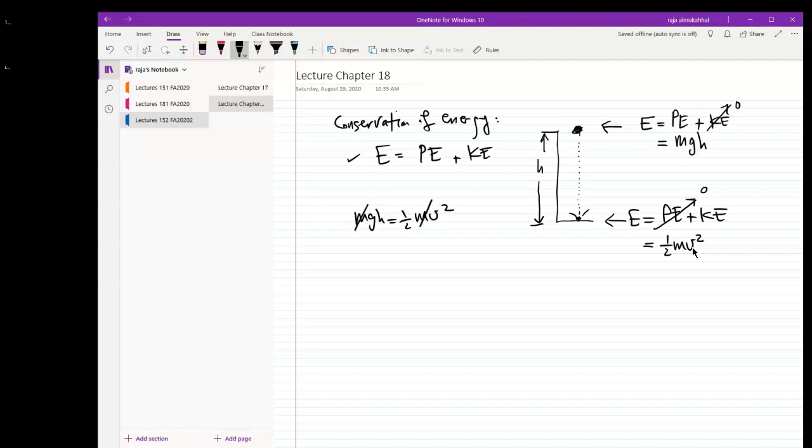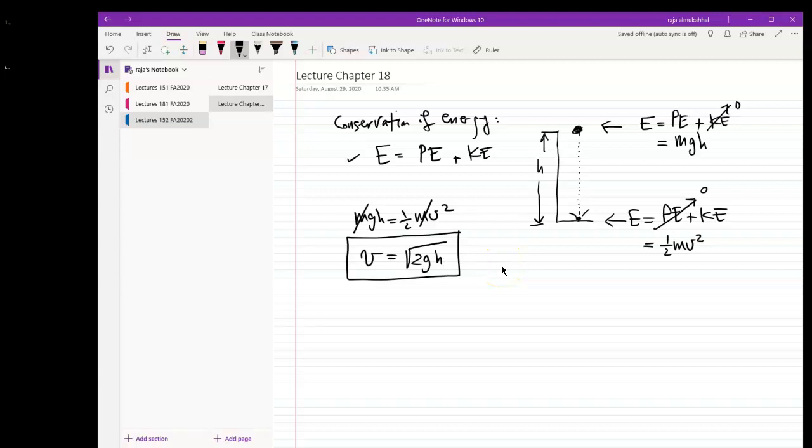The masses cancel out, and then I can solve for v, and that will be square root of 2gh. And there we go. I got the velocity of the object just before it hit the ground. Of course, give me the height, say 10 meters. I know what g is, 9.8, plug it in here, and then you will get the velocity. And that's how you do it. It's kind of a nice, elegant way of solving a problem like that.